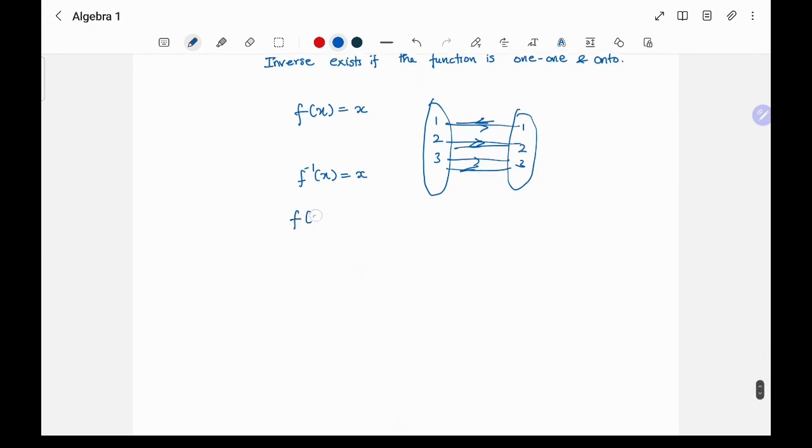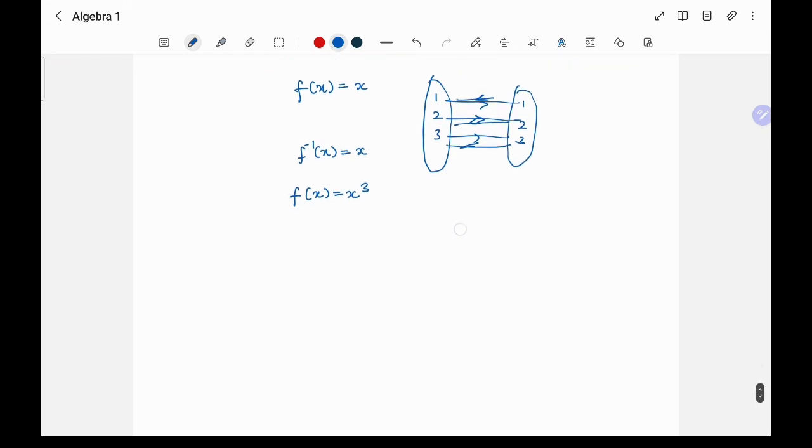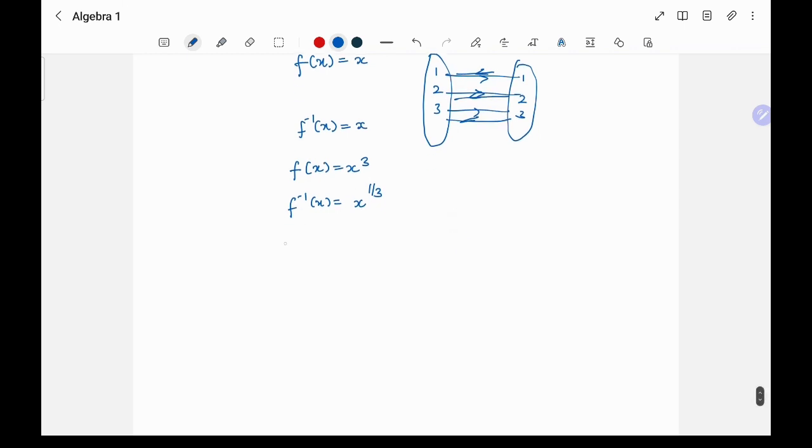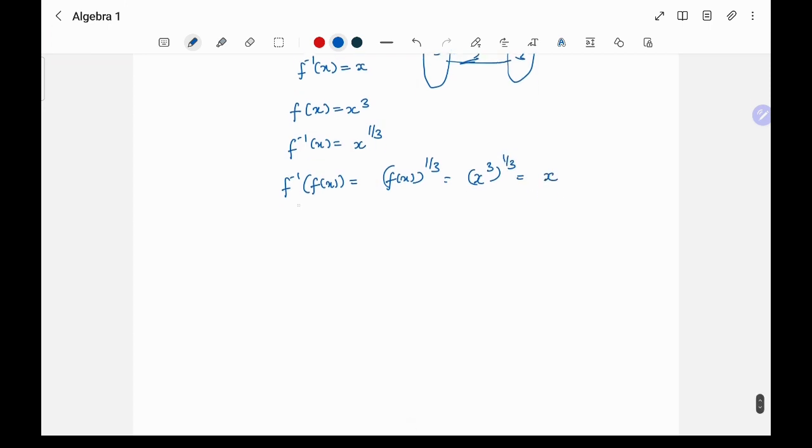As another example, f of x equal to x cube. If you consider all real numbers, then it is one-one and onto. x cube is one-one and onto. So f inverse of x will be nothing but x power 1 by 3. If you take f inverse of f of x, that is nothing but x cube power 1 by 3, which is equal to x.